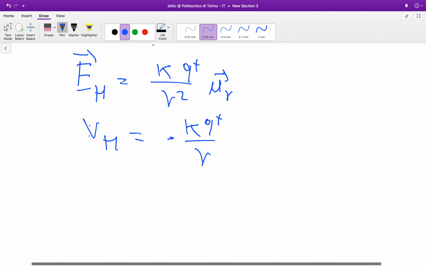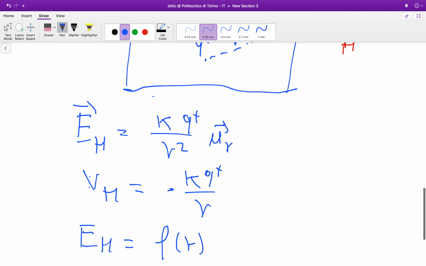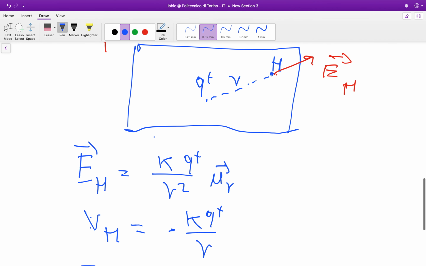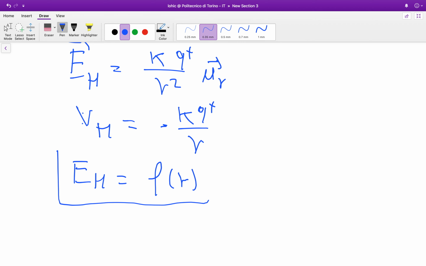Now what is the relationship? Okay, what is the relationship? You can see that the field EH is just a function of the distance, yes or not? The field changes only with the radius because K is a constant, Q is a constant. So the electric field is just a function of the radius.